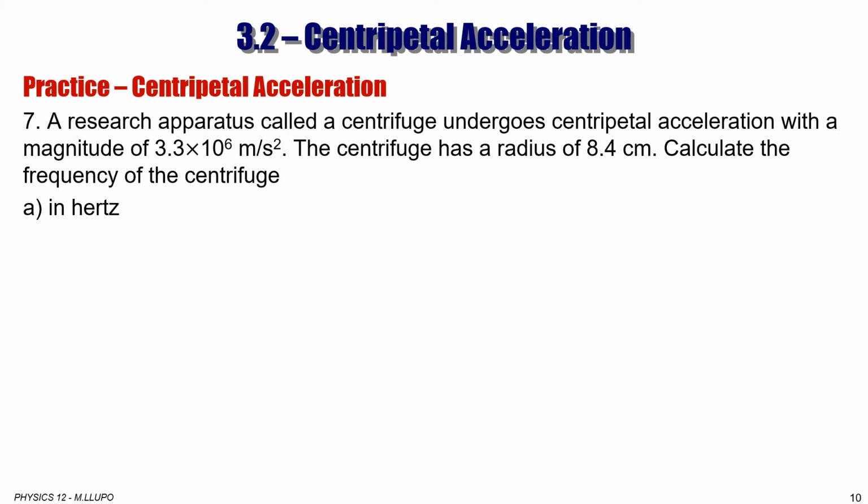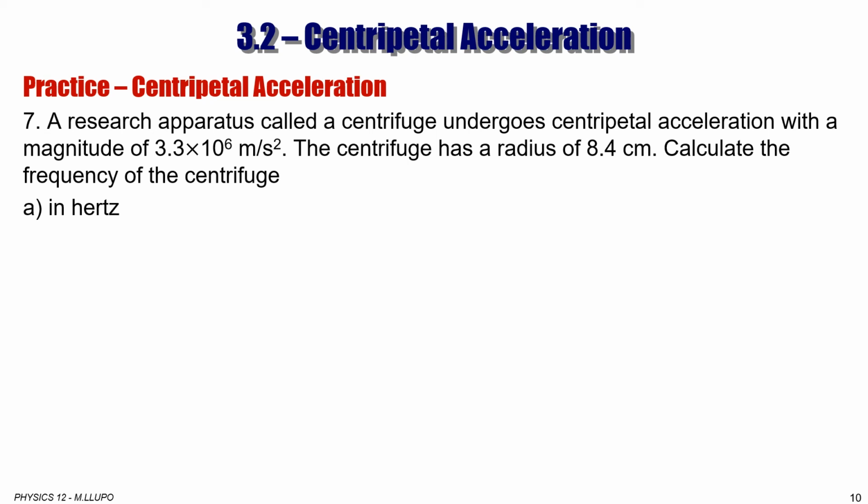Here's another practice problem. This time it involves frequency. A research apparatus called a centrifuge undergoes centripetal acceleration with a magnitude of 3.3 times 10 to the power of 6 meters per second squared. The centrifuge has a radius of 8.4 centimeters, not meters, centimeters.